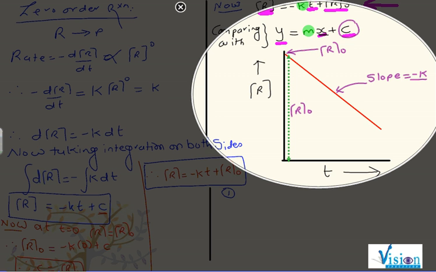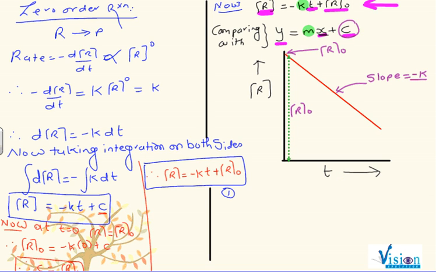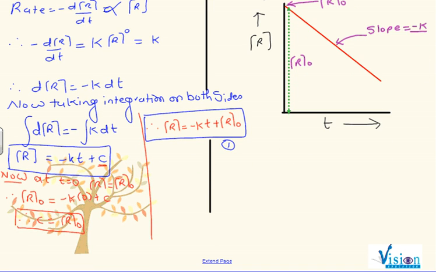This is the graph R versus t. समझ में आ रहा है आपको R versus t का graph? Have you understood this? That's the one point. We'll continue with this. आगे हम बढ़ेंगे.